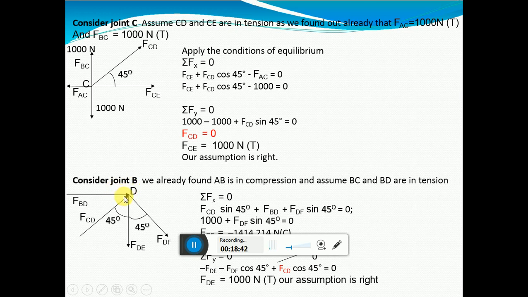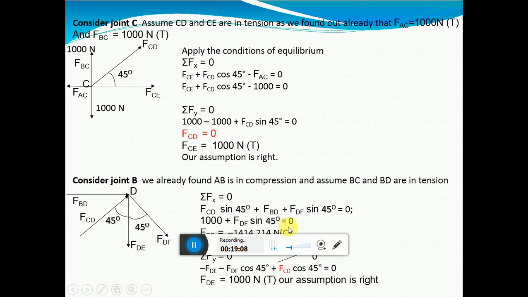Okay, so we'll get, applying BD as 1000, directly the value you apply because already you have changed the direction inwards, plus FCD. CD we know it as 0, this goes off. DF you find out from this as minus 1414.21 Newton.